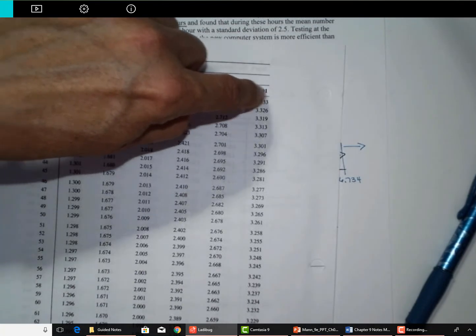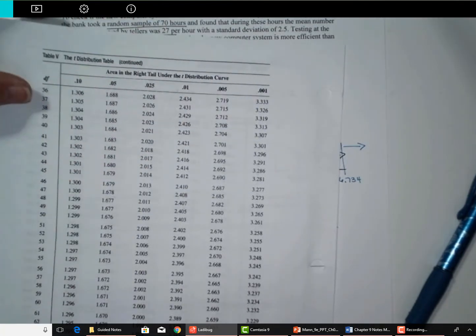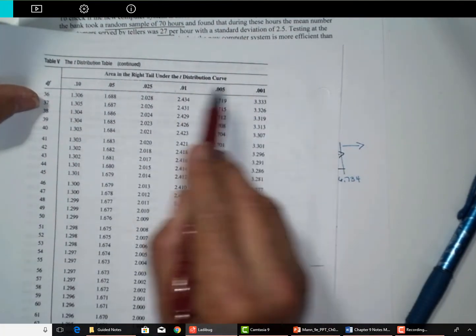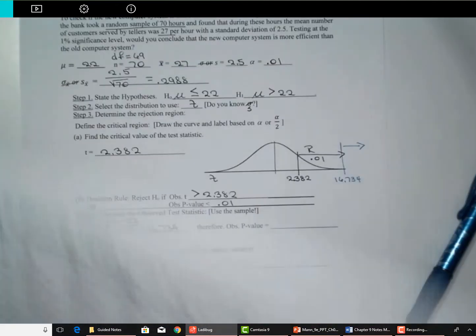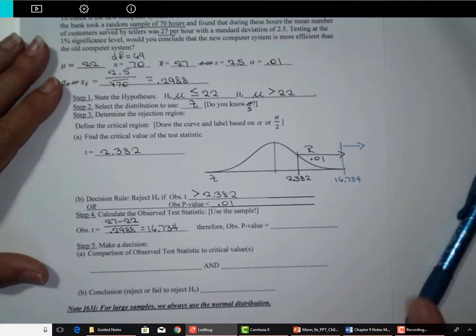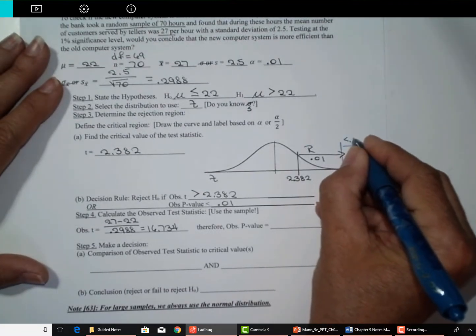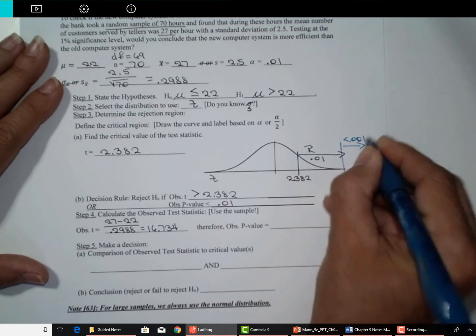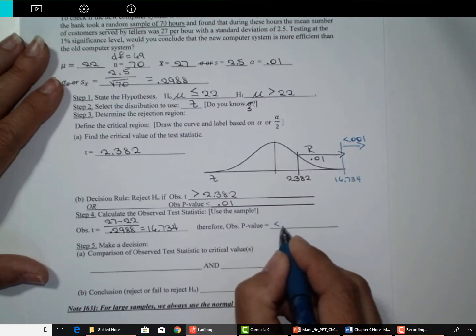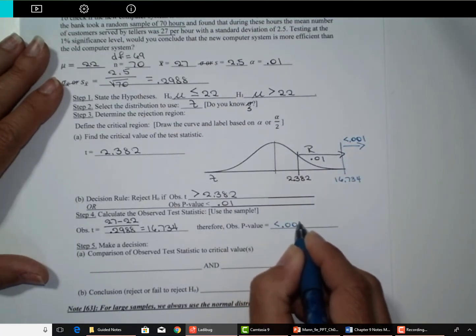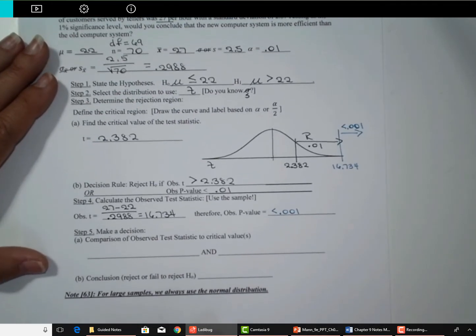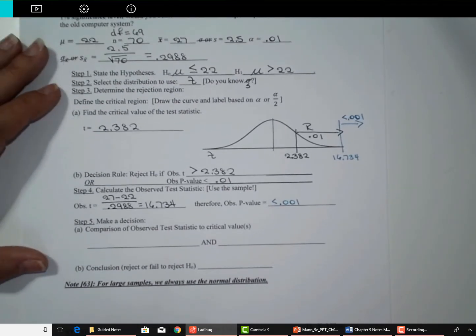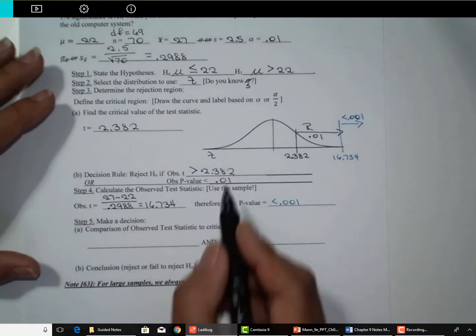So I know it's got to be a lot less than 0.001. You notice as I go to the right, these areas under the curve get smaller. And that's what our picture showed us, right? So it's a lot less than 0.001. I don't know how much less than, but I can say it is practically zero, wouldn't it be? We could say that from past experience, what we know about the areas under the curve past 3 standard deviations.